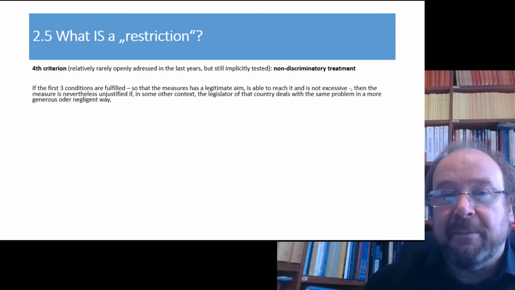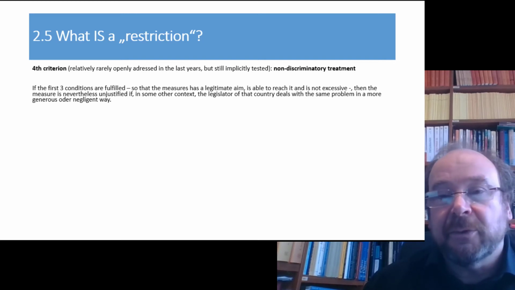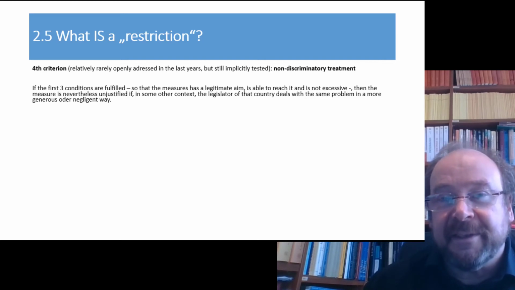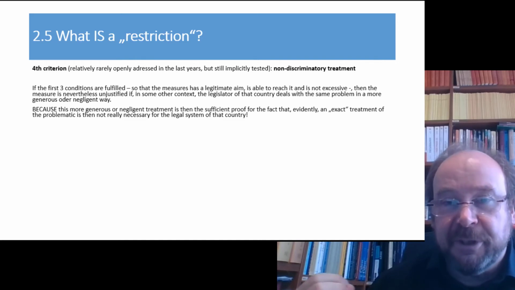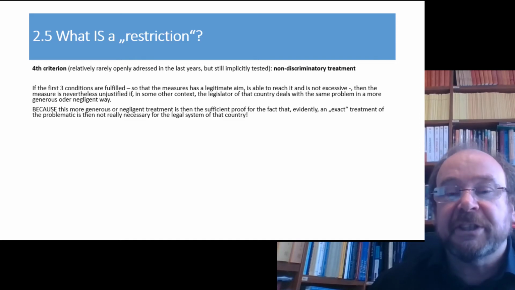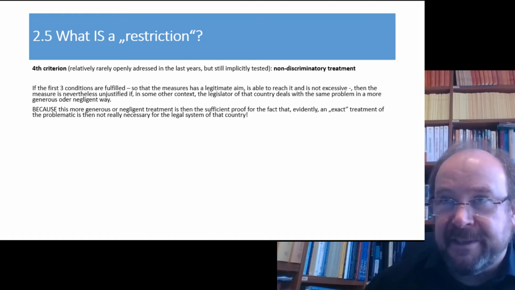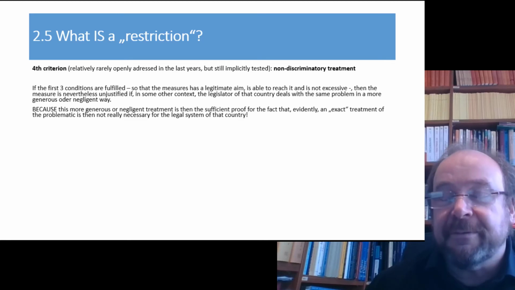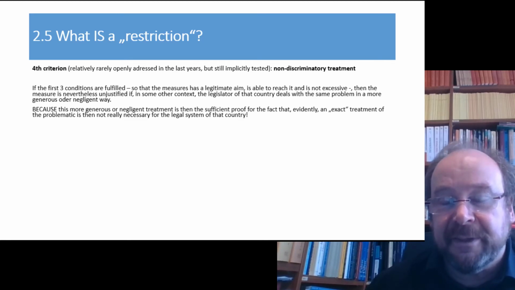So if they are more negligent, careless, or more generous in other constellations, you can ask them why not the same generosity here, because the existence of the more generous solution in comparable situations shows that the measure in question, strict as it is, is not necessary for the functioning of your legal system in practice in that country.